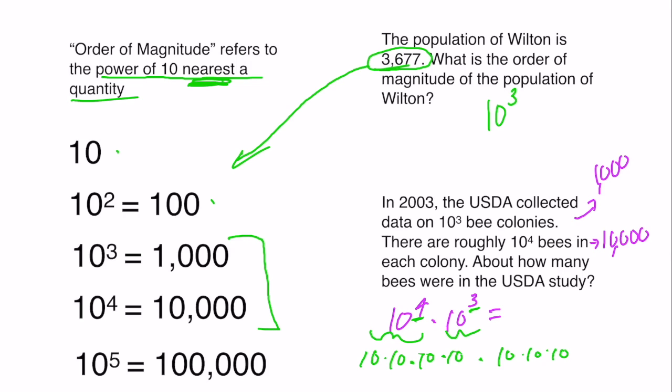And that would just be 10 to the seventh. So about how many bees were in the USDA study? 10 to the seventh. And if you wanted to see how many that is, you could say 10 with 7 zeros, 1, 2, 3, 4, 5, 6, 7. And that is about 10 million bees.